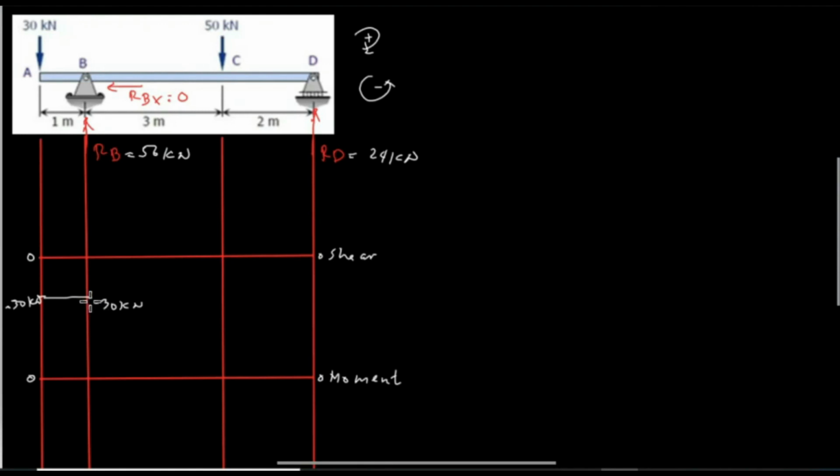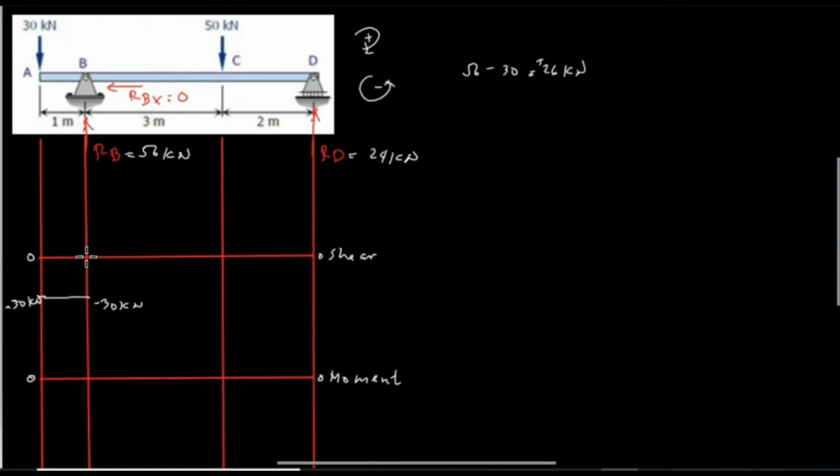Then at point B, we have RB, which is 56 kilonewton, and the direction is upward. From negative 30, we go up 56 kilonewton. So 56 kilonewton minus 30 is equivalent to 26 kilonewton, and the direction is upward, so therefore it is positive.